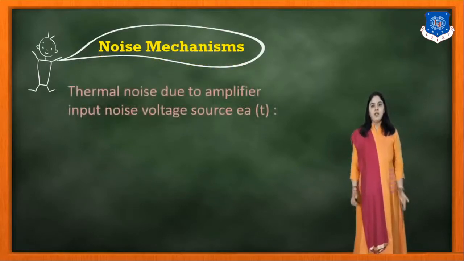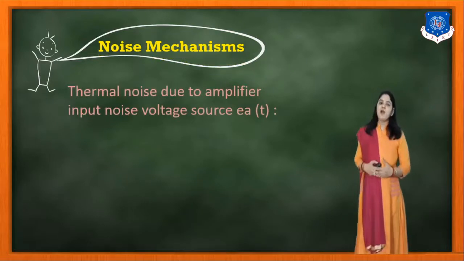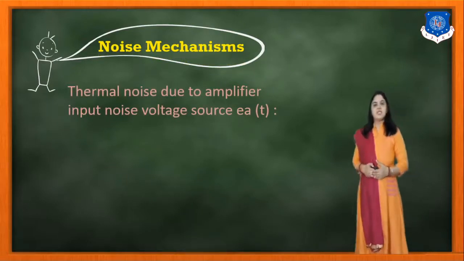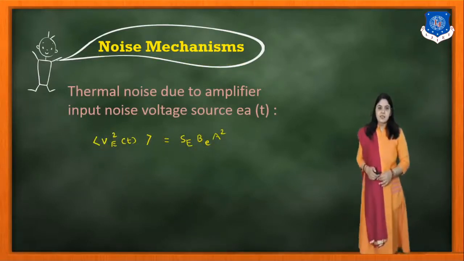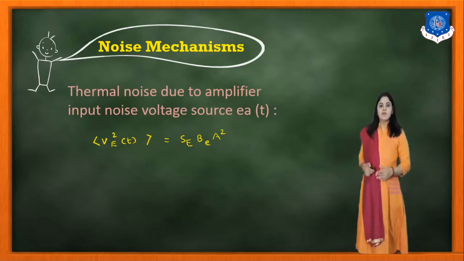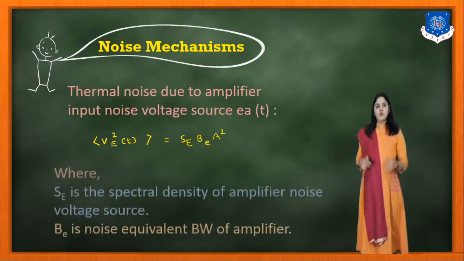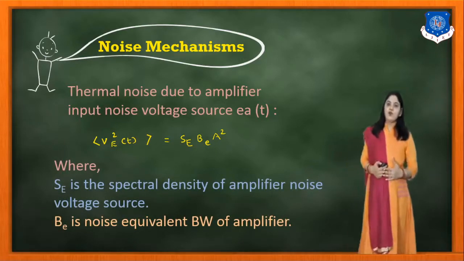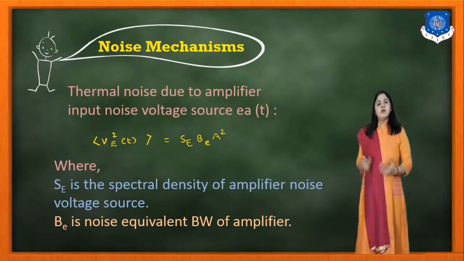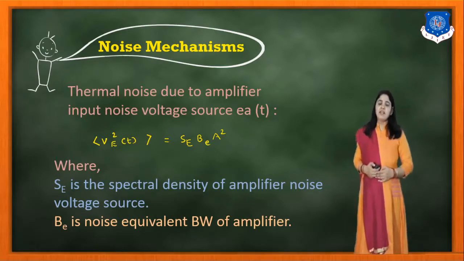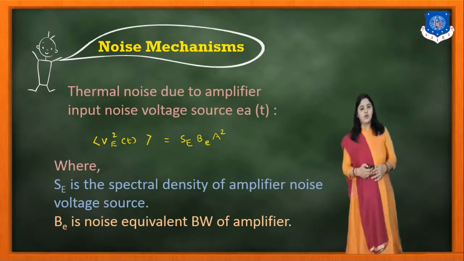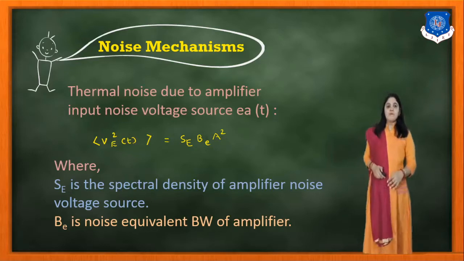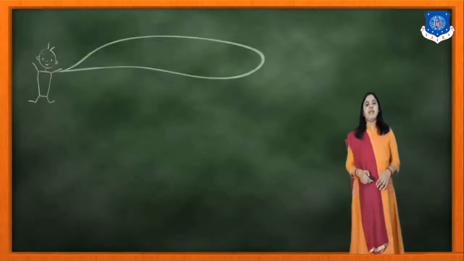Now the noise due to the amplifier input noise voltage source E_A(t): V²_E(t) is equal to S_E times B_E times A². Here the mean square values of those components are considered, where S_E is the spectral density of the amplifier noise voltage source, and B_E is the noise equivalent bandwidth of the amplifier.